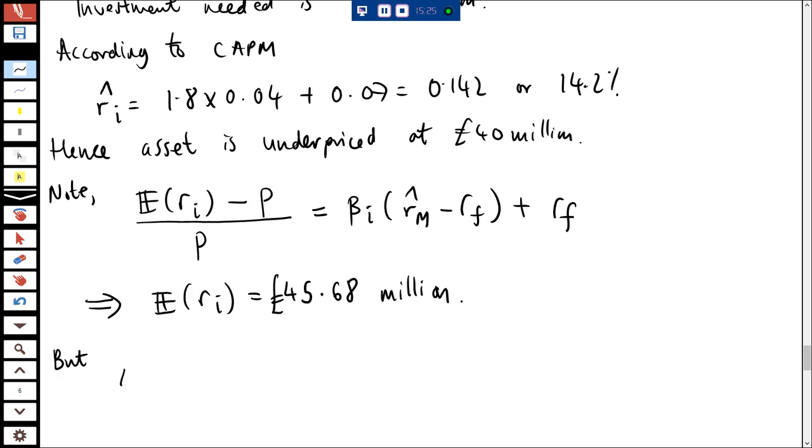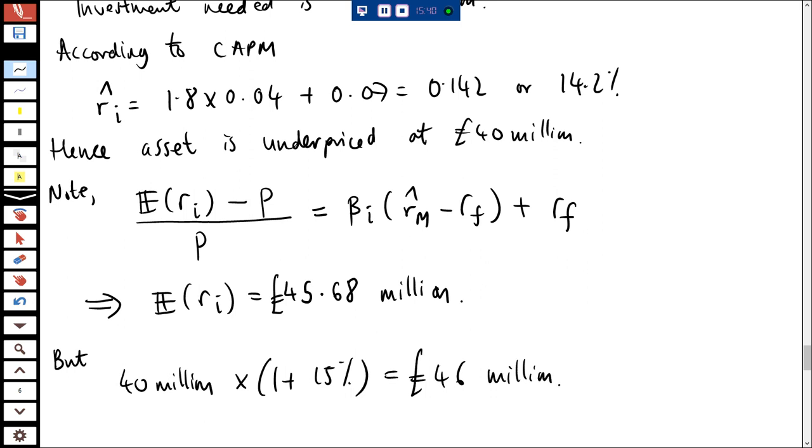But if you take the 40 million and you build in the 15% return, you get 46. Okay, so we're just quantifying the difference between the model, what we should get in terms of expected return in our hand, and the assumptions made from the asset. We can see there's a difference of £0.32 million, which is an estimate for how much it is undervalued.